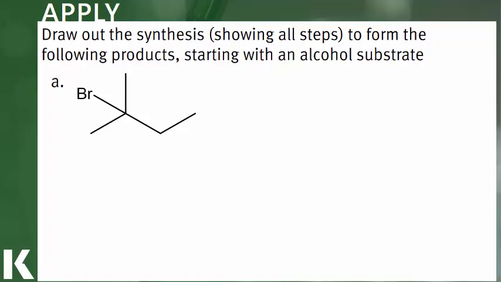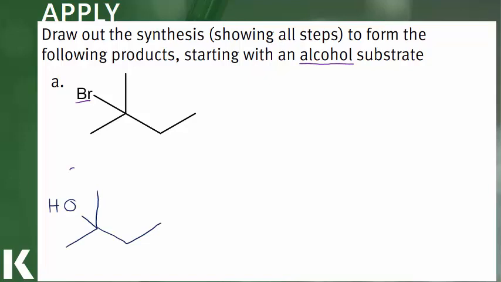Now this question asks us to draw out the synthesis to form the following products, starting specifically with an alcohol substrate. So the first thing we need to do is to choose our substrate. So to make this product where we have bromine added, we would just start by replacing that bromine with an alcohol to get our initial substrate.